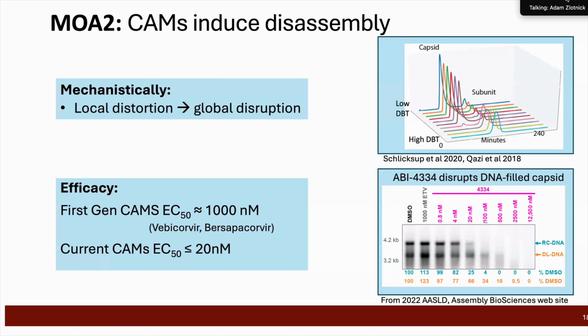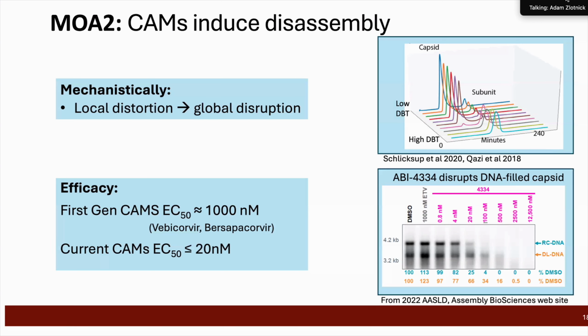I should have noted this as a size exclusion chromatograph. And some work from Assembly Biosciences with a highly active CAM following mechanism of action 2. This is actually work by Narudin Anshwanawala.